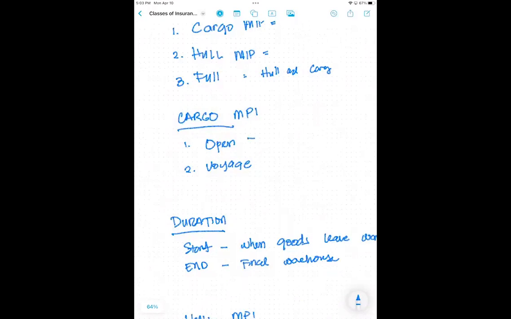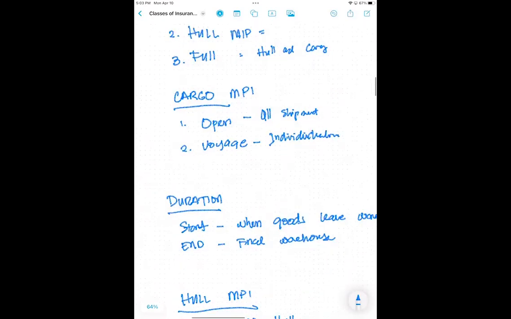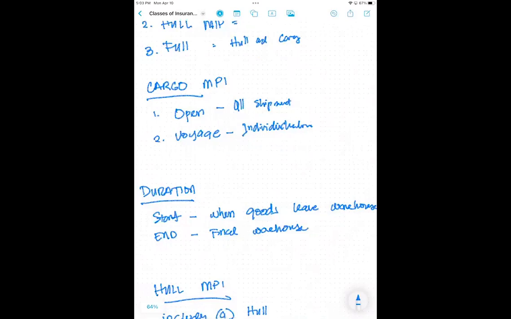Speaking of cargo marine insurance policy, we have these kinds. We have open, and when we say open, all shipments are covered by insurance. And when we say voyage, this is the term for individualized insurance, where we can individualize the cargoes per shipment or per time.